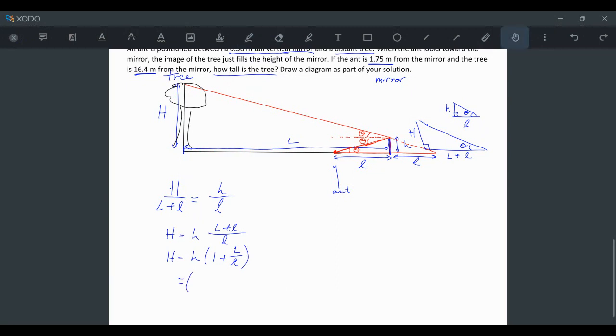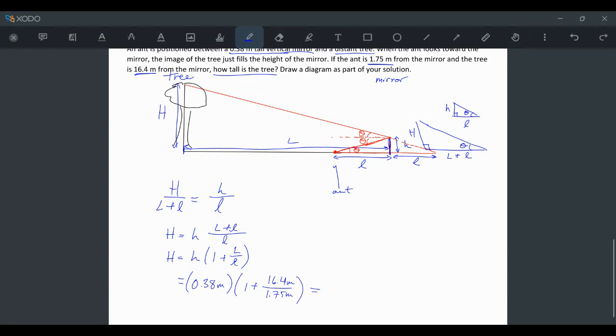So the lowercase h, that was the height of the mirror, 38 centimeters or 0.8 meters. Capital L was the length of the tree to the mirror, that's 16.4 meters. And lowercase l was the distance of the ant to the mirror, so that's 1.75 meters.